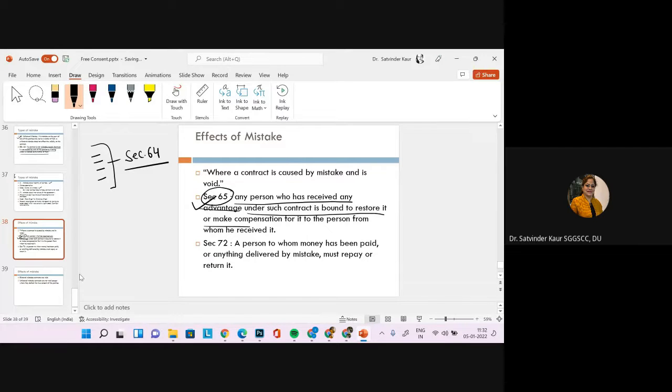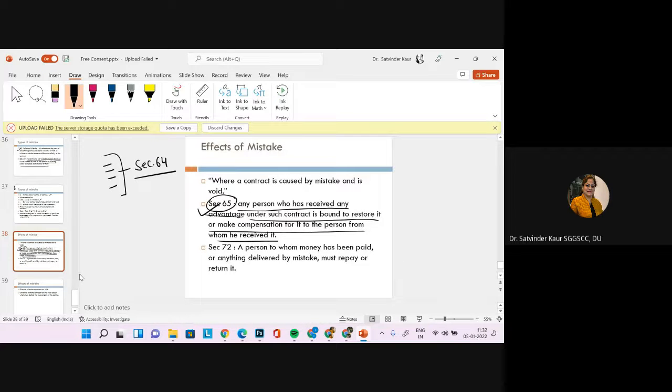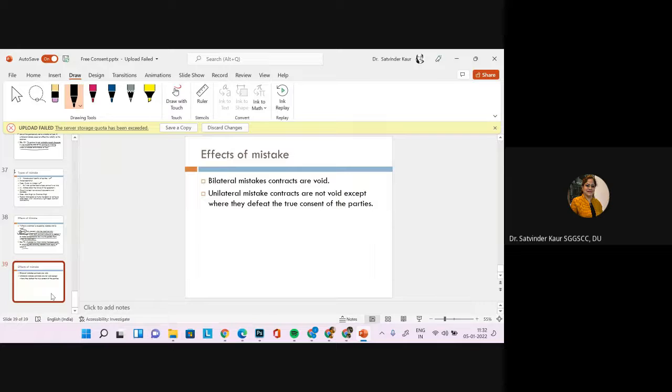So if any benefit or money is received, in case of mistake as well, the person is bound to restore or return the benefit or money received by the party to the other party. And bilateral mistake contracts are void. In that case, the doctrine of restitution may not apply in certain cases, but may be given, ordered by the court of law.